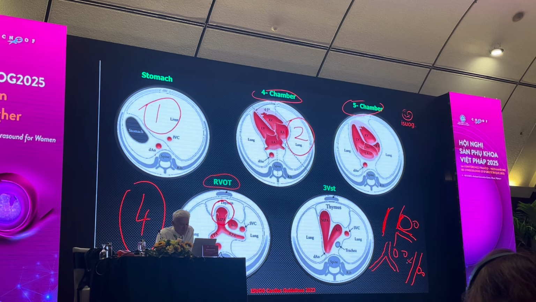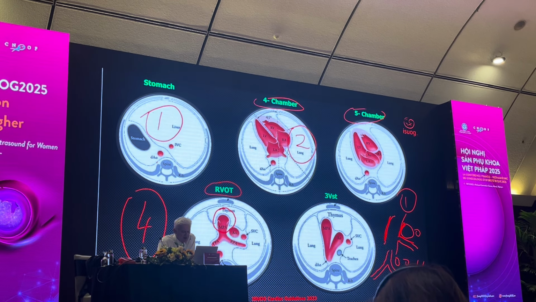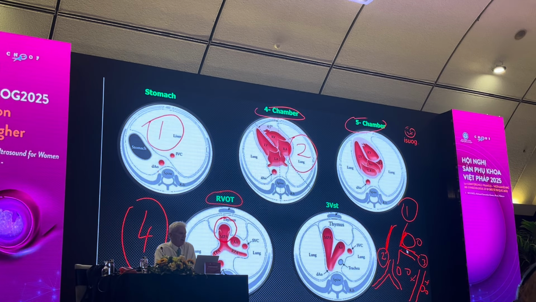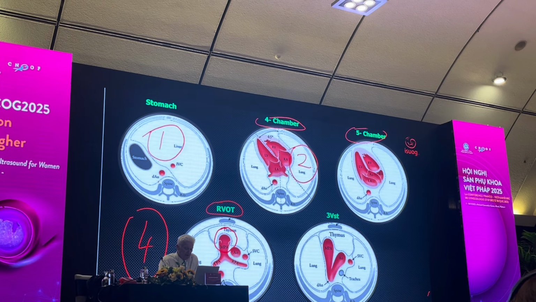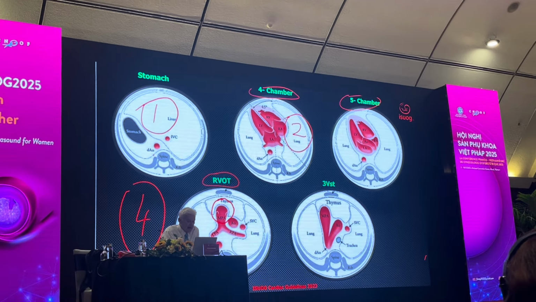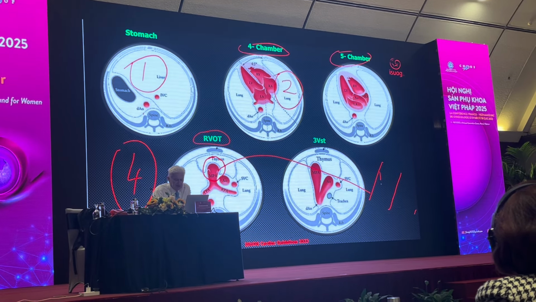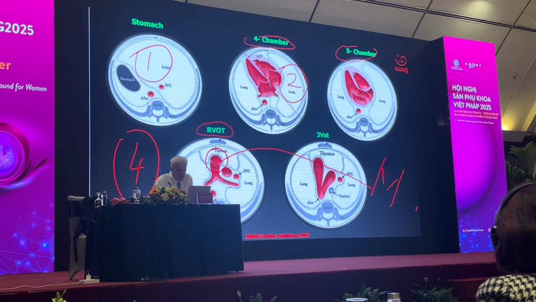So you don't see the left branch and you don't see the right branch. So when looking at the pulmonary artery, you can see it in three different ways. This is important to understand, and I will show this in live scanning. When you are looking at the pulmonary valve, you also check to make sure that during ventricular systole the valve disappears completely, and make sure that the valve is not thickened.